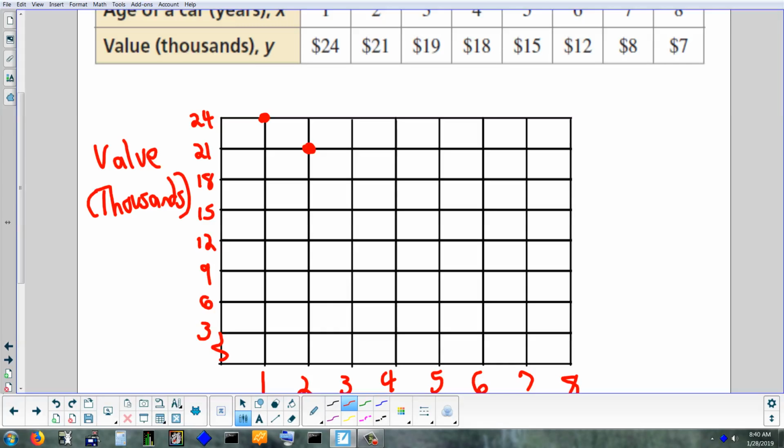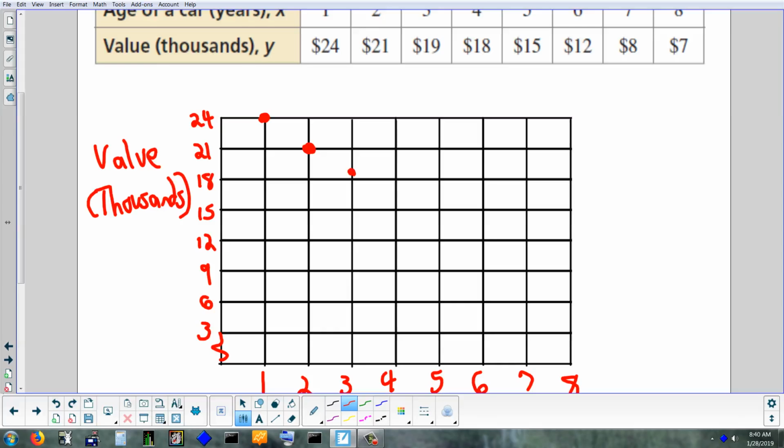Just a smidgen above 18. Because if I put a dot right in the middle, between my 18 line and my 21 line, what number would that be? 20, right? So I want to go about a quarter of the way up, right about here. I don't want to be right in between, like Matt said, because that would be 20.